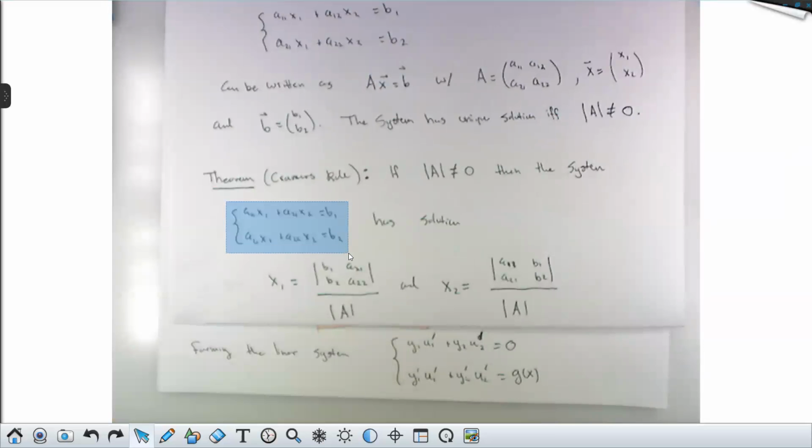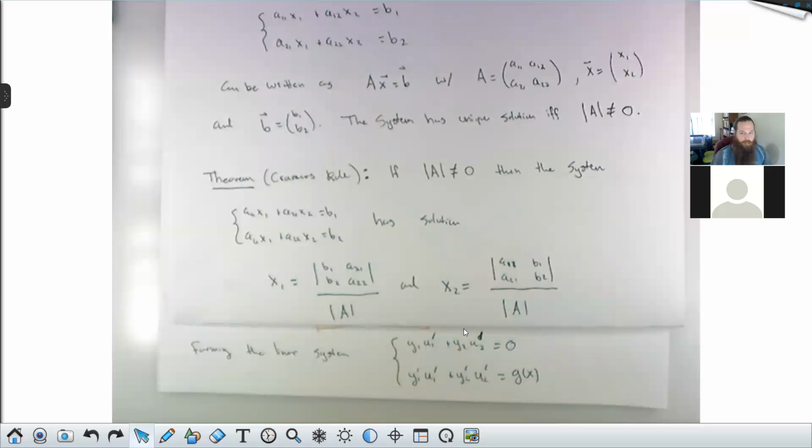Cramer's rule says if you have a 2 by 2 linear system like this, then you can write down the solutions in terms of determinants of the matrix. In this case, the matrix would be y1, y2, y1 prime, y2 prime, and you should recognize that as the Wronskian matrix.